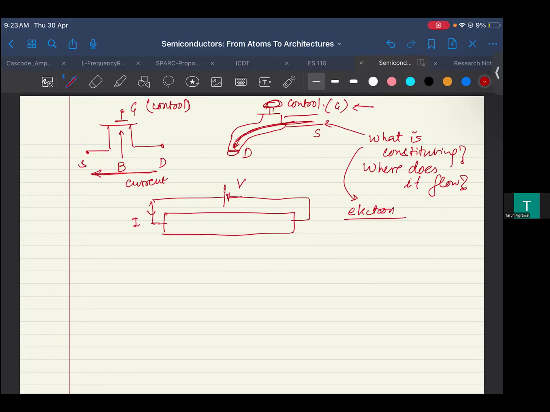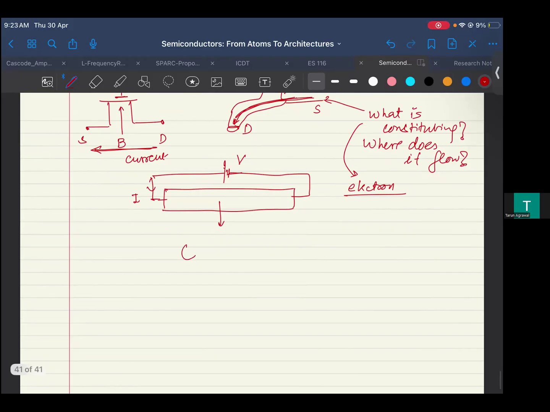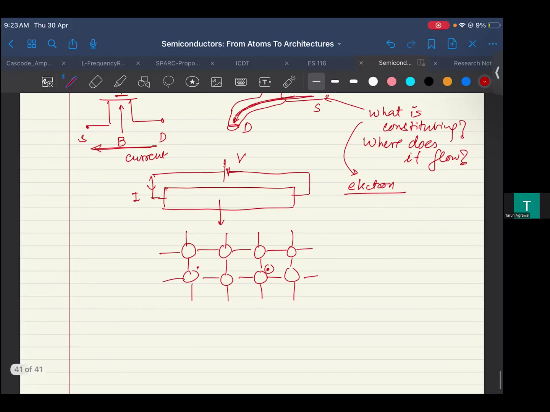Now, where is this electron? Obviously, it is inside the material. If we zoom into the material, it may look like a very simple model, with different atoms connected to each other. When there is thermal energy or whatever there is in the system, some bonds are broken, which gives you electrons in the system.